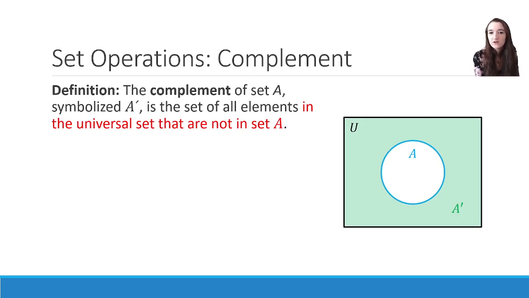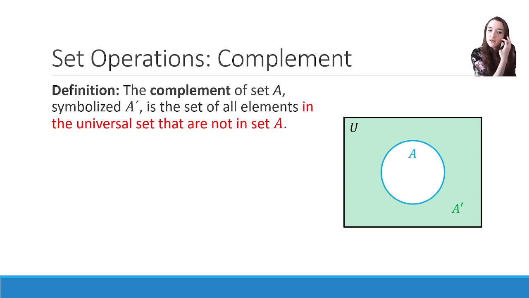Now it's time to talk about set operations. So we can use the notation for sets when we're using the capital letter notation to sort of do operations in the same way we do with numbers. We can do addition and subtraction and stuff like that on numbers. Here we're going to start by using what is called the complement.